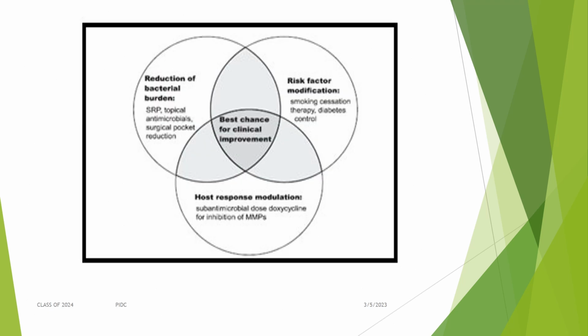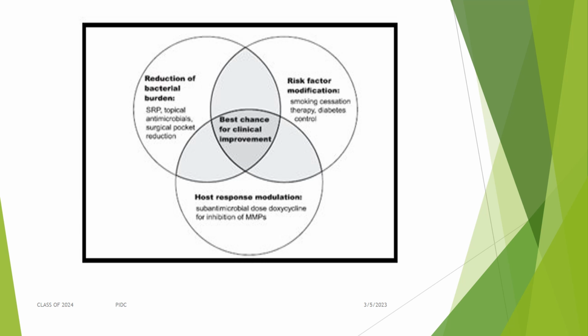Okay, so to put forward, if there is a reduction of bacterial burden, which can be done with the help of scaling and root planing, topical antimicrobial, surgical pocket reduction, along with risk factor modifications, and along with host response modulation, all these three together can give you a better chance for clinical improvement rather than focusing only on one phase. Because always our focus is on only one thing, that is reduction of the bacterial burden.